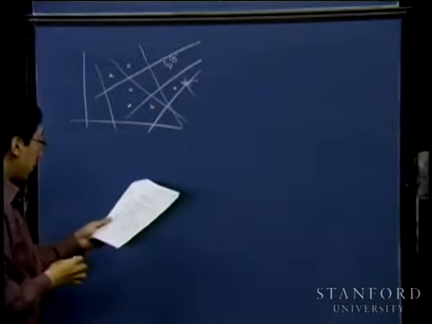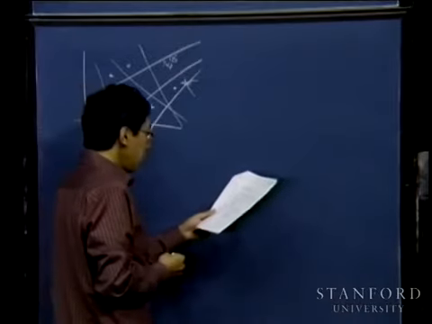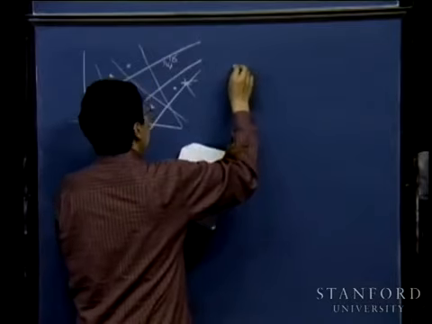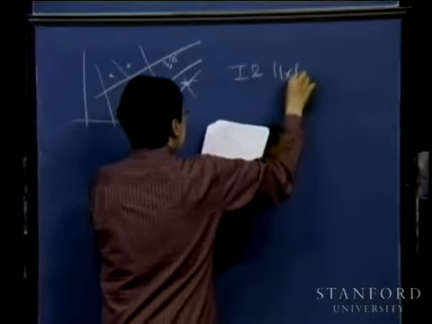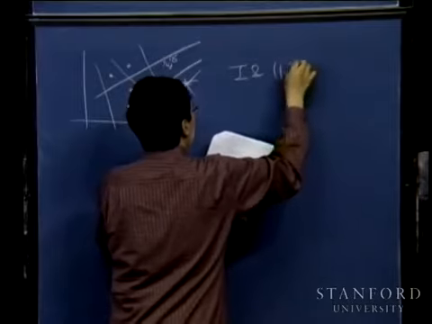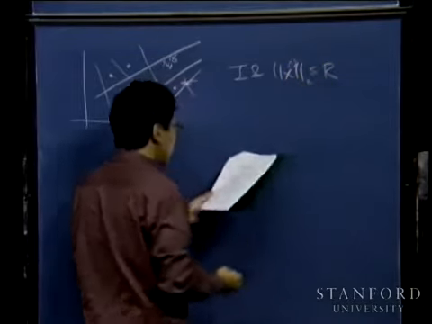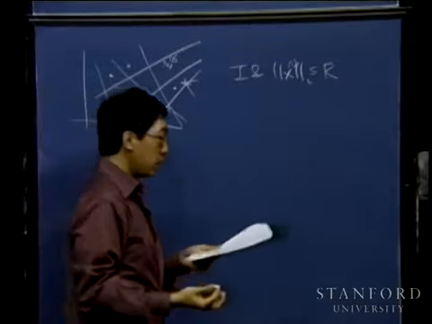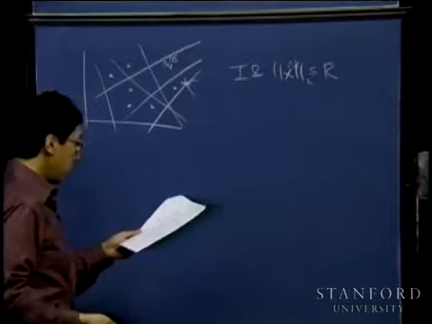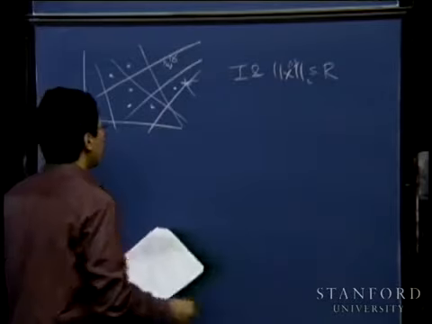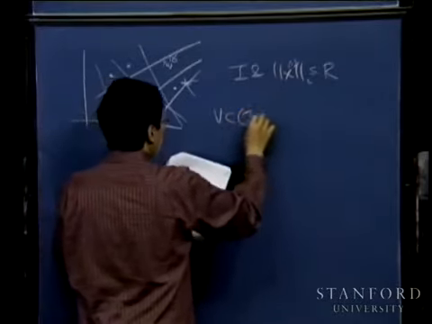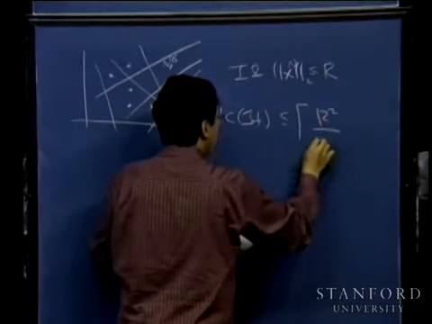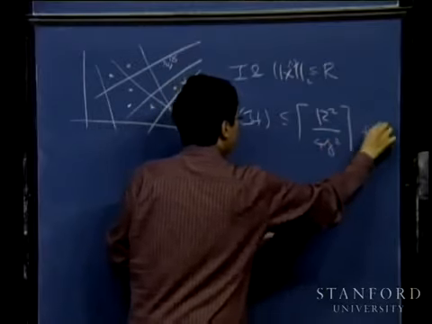It turns out that if my data points all lie within some sphere of radius r, and if I consider only the class of linear separators that separate the data with a margin of at least gamma, then the VC dimension of this class is less than or equal to the ceiling of r squared over 4 gamma squared, plus 1.